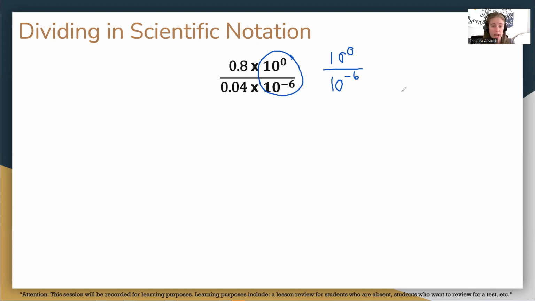Whenever you're subtracting exponents and a negative is involved, be careful. Whenever this happens, I personally write it out because I struggle with mental math and I'm more of a visual person, so I need to see it to make sure I don't mess up my subtraction and my negative signs. So we're going to have 0 minus a negative 6.